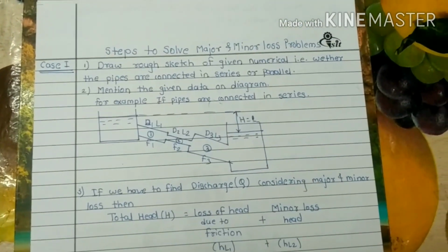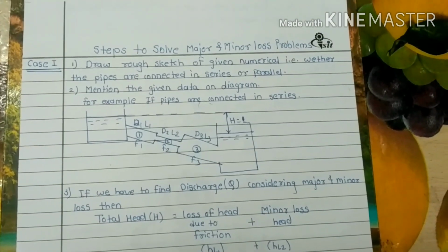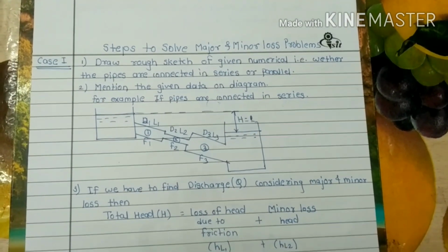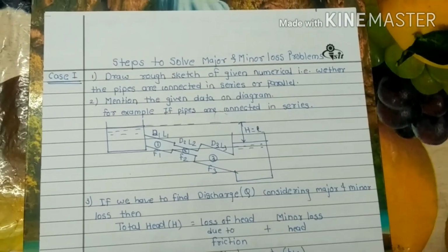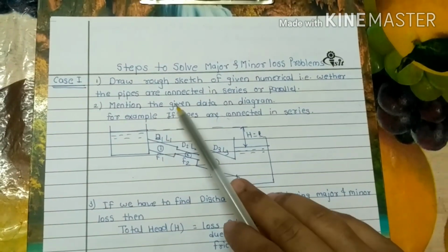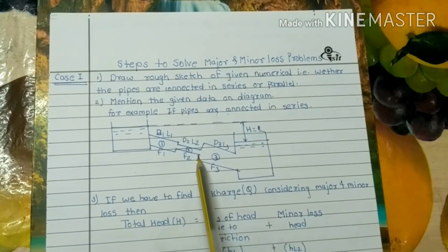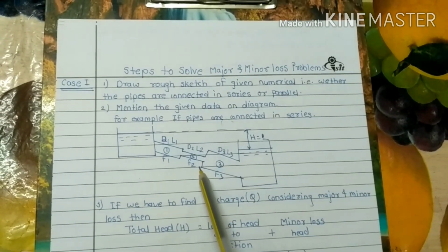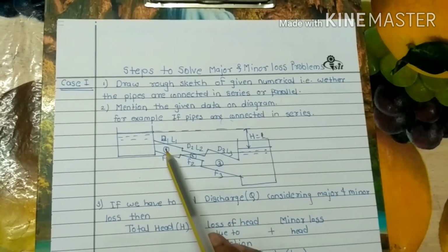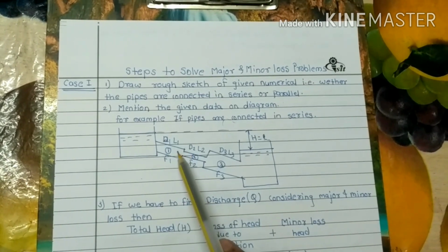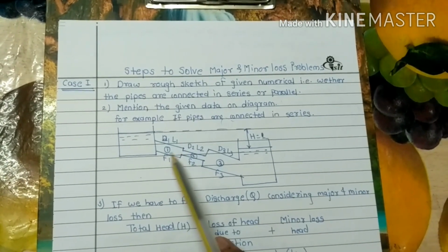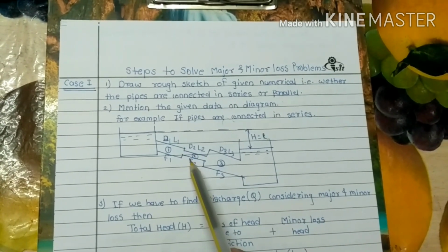So step one to solve the major and minor losses problem is to draw a rough sketch for the given numerical, that is, whether the pipes are connected in series or parallel. This is one tentative diagram which I have drawn, in which, depending upon the size of the pipes given, whether pipe 1 is larger or pipe 2 is larger, you have to draw the diagram.